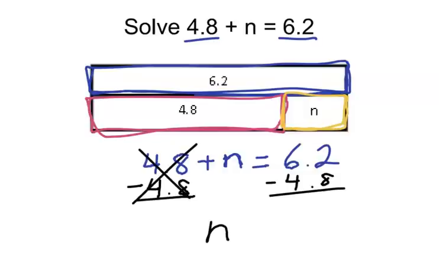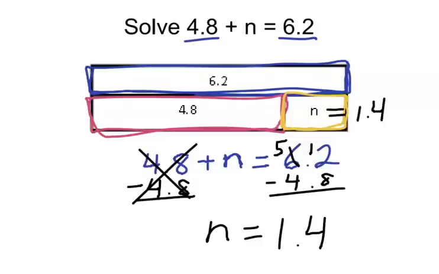So we have n equals. All right, so we have to kind of do this one here. 6, we're going to have to borrow. We have 12. So 12 minus 8 is 4. 5 minus 4 is 1. So the answer is 1.4, right? Because we have to bring down the decimal. So the answer right here, n equals 1.4.